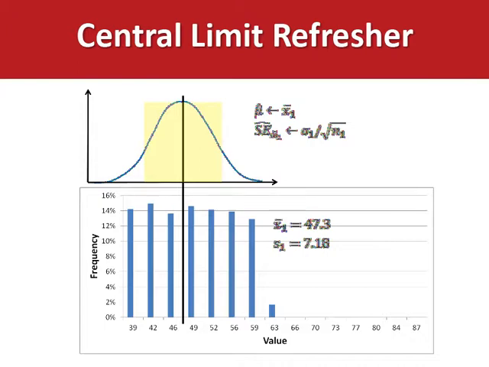So, for example, we could say that we are 95% certain that the true population mean is within the shaded region. Or we could decide to state our estimate with 99% certainty, but of course that would lead to a much wider shaded region.